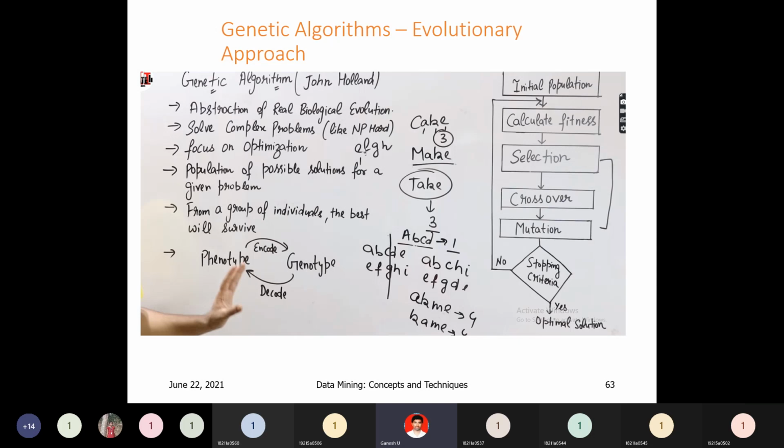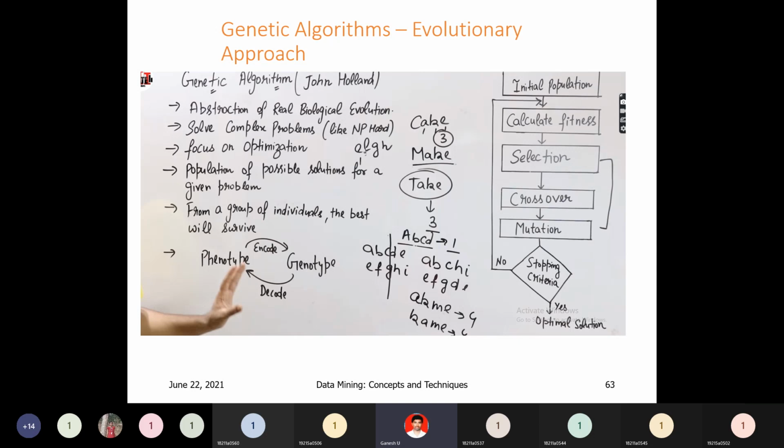The genetic algorithm is an evolutionary approach. Actually it is a classification method, but it is an evolutionary approach, not like previous methods, somewhat different. Here the solutions are already there, and we are finding out which is the best and giving a better solution than that.